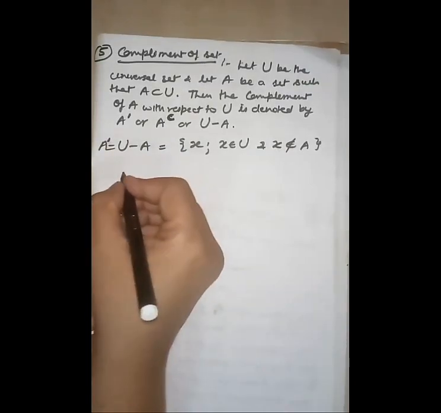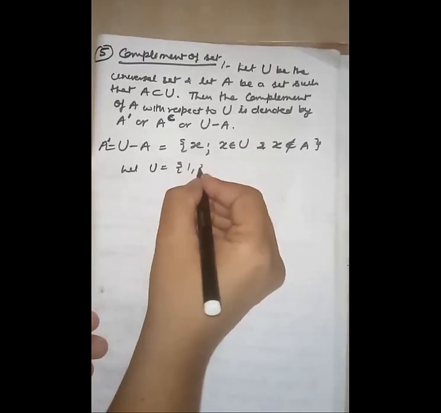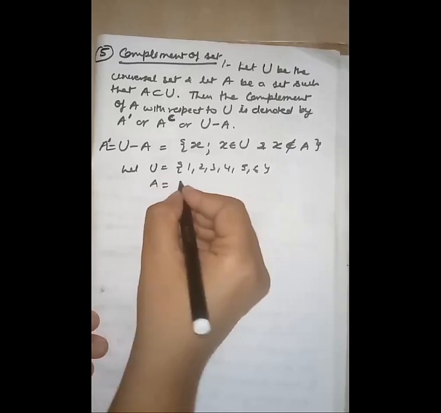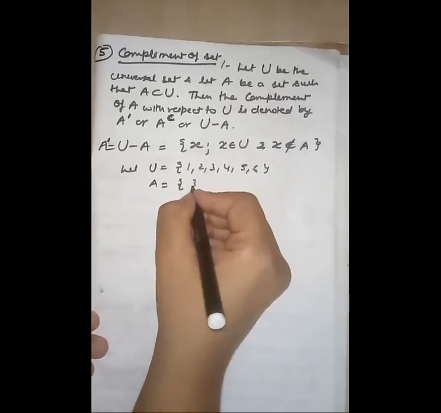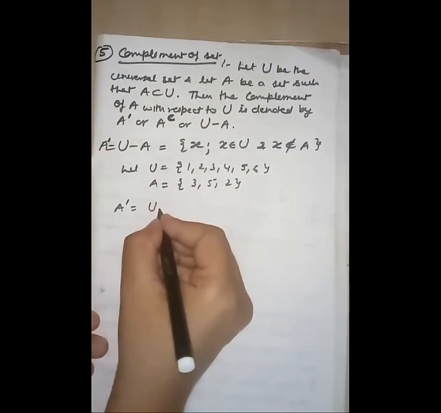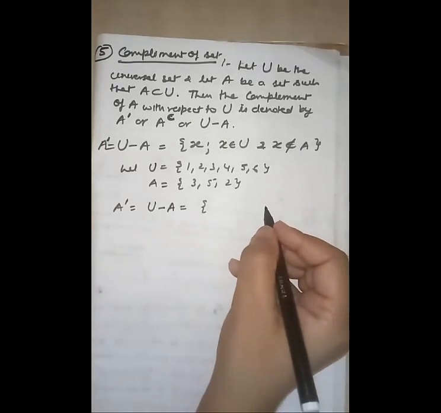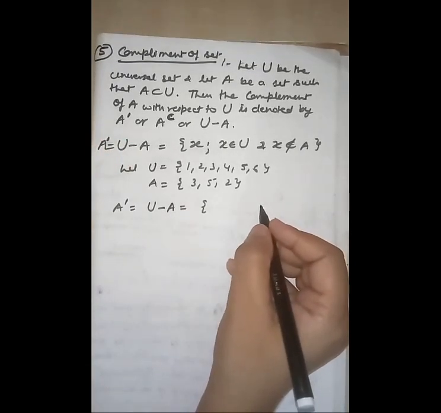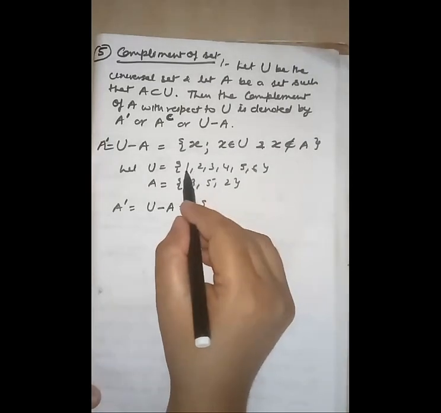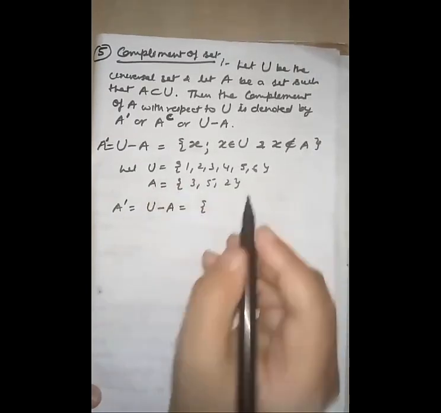For example, I have taken a universal set {1, 2, 3, 4, 5, 6}, and taken a set A equal to {3, 5, 2}. Now you can find the A complement. It means universal set minus A. So you are taking the elements belonging only to the universal set, not in A. Here A is {3, 5, 2}, and we find the remaining elements of the universal set.